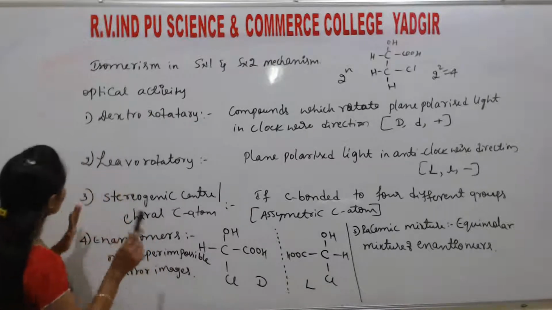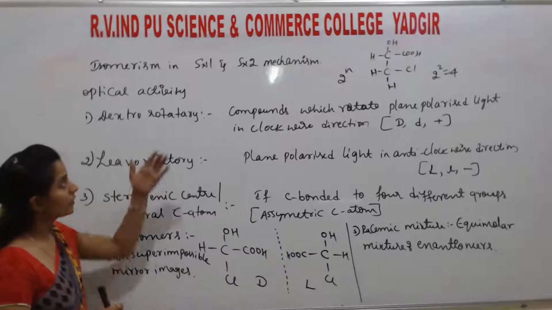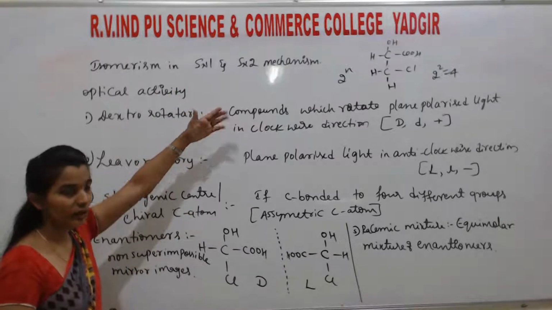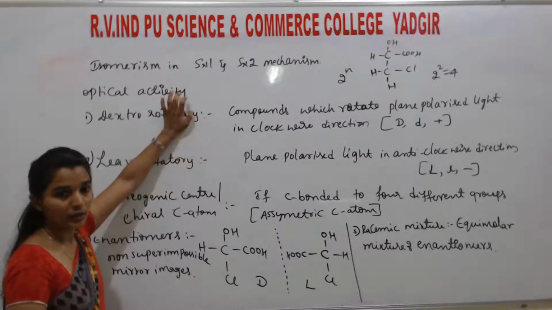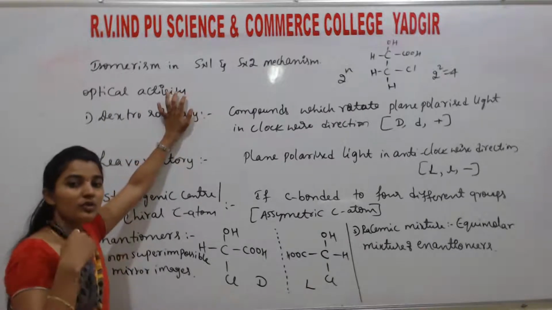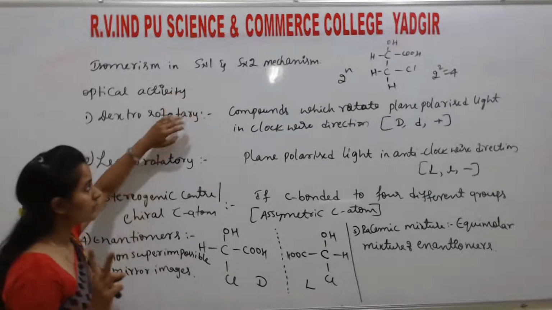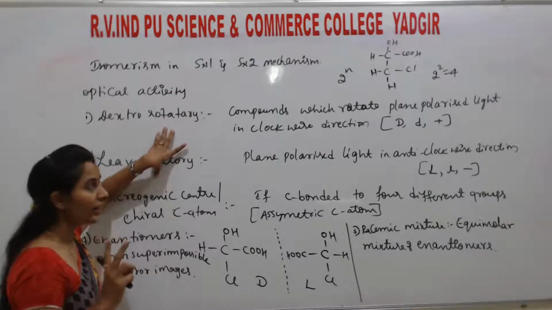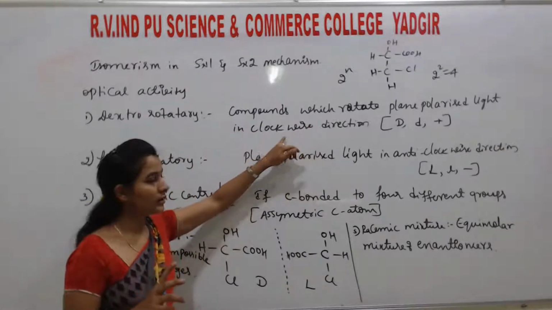So this is all about the terms we are going to use in optical activity, which we are going to explain in this seminar. Optical activity means the compounds which rotate plane polarized light. In that, two types are there, dextro and levo. If light is rotated towards the right, it is dextro.